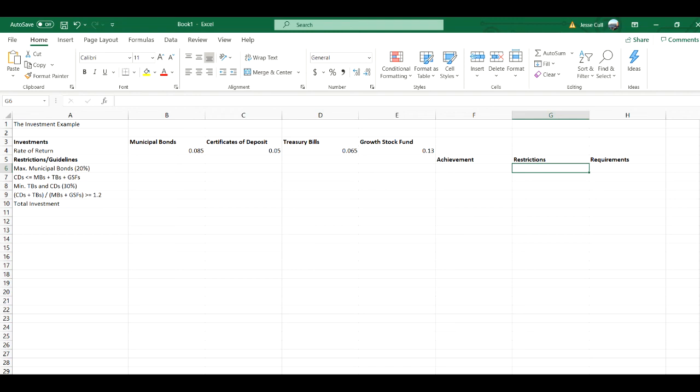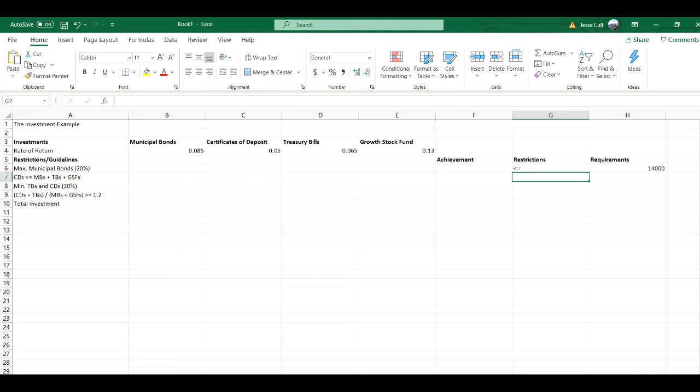Here again, CDs plus TBs divided by MBs plus GSFs is greater than or equal to 1.2. The reason I wrote it in this formula is because it's easier to see the transformation.